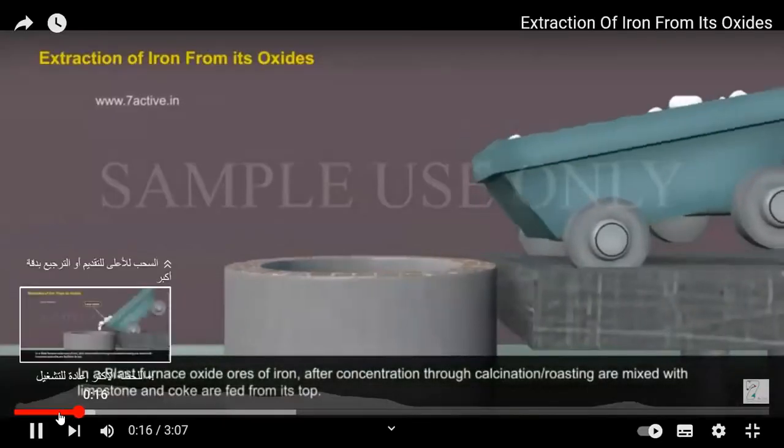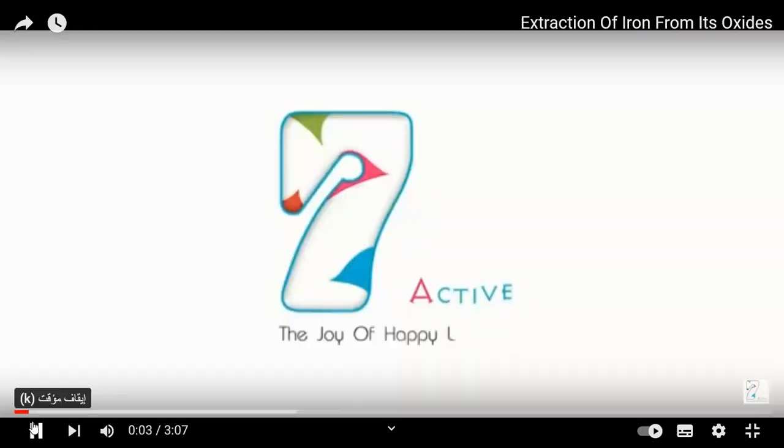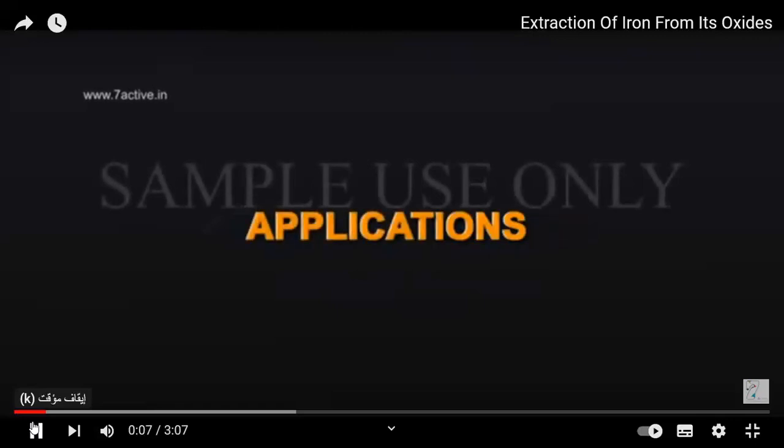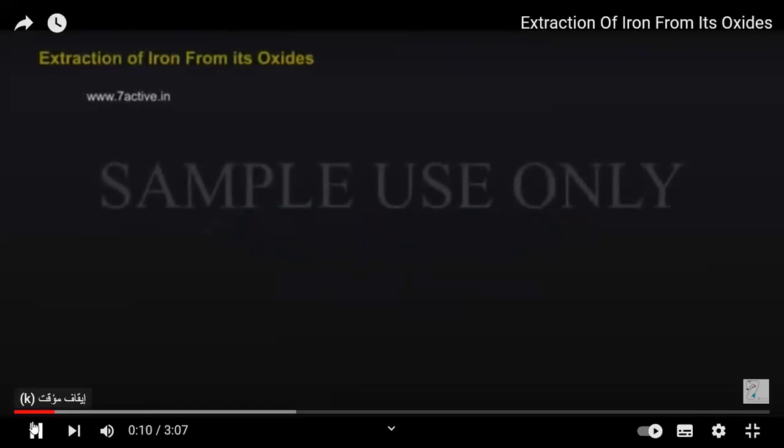Applications. A. Extraction of iron from its oxides.